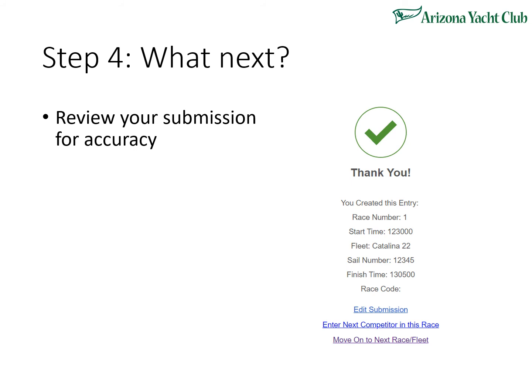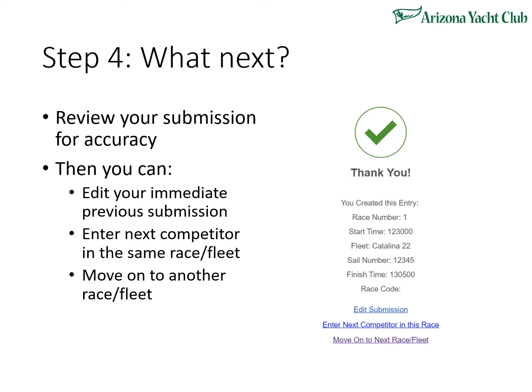On this page, you're going to want to make sure you review your submission for accuracy, and then you can do one of three things. You can edit that submission if you find an error. You can enter the next competitor in the same race and fleet, or you can start working on a new race or fleet.